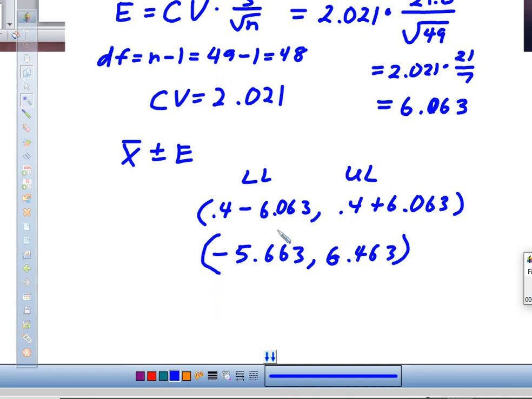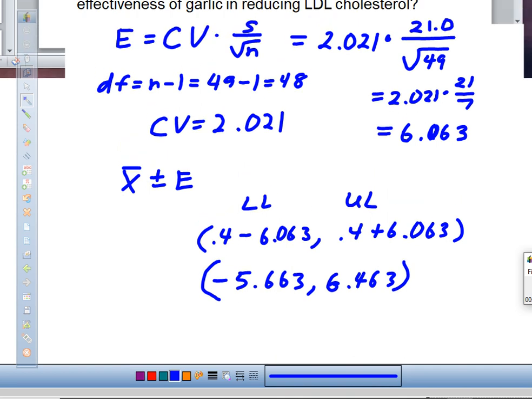And you might say, well, why is this so small and this so big? It's because we're looking at the difference. So the difference should be close to 0. How much does your cholesterol level change? It should change about, not at all, about 0. So it's saying that if you look at your cholesterol level before and after, it might go down as much as 5.6, or it might go up as much as 6.46.